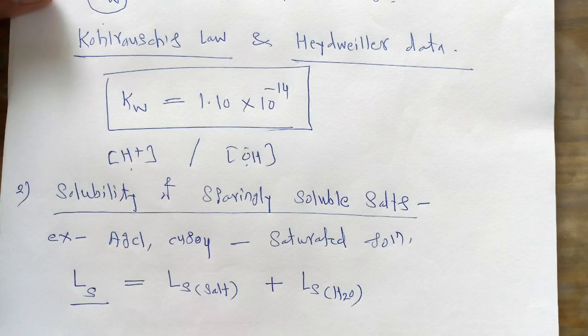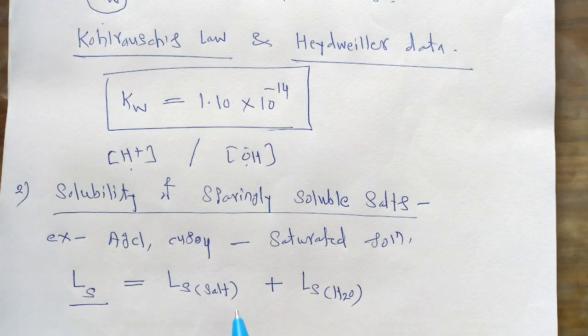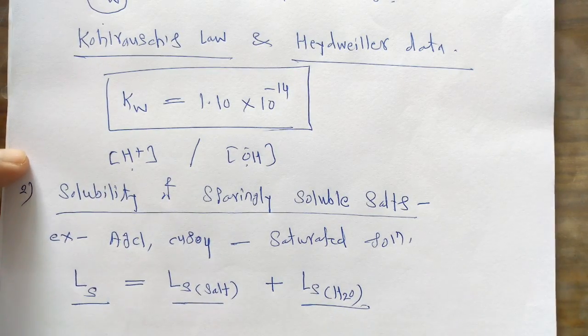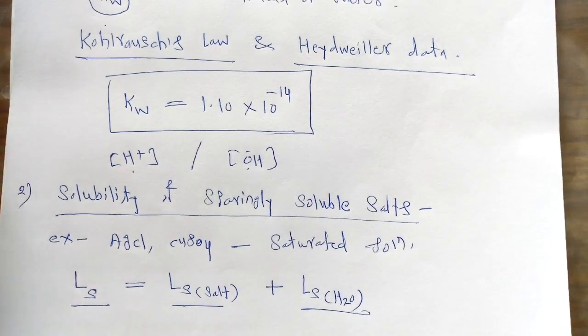It is to be calculated with the help of the specific conductance of the salt. The salt has some specific conductance, so we have to take into consideration the specific conductance of the salt as well as the specific conductance of the water. If we add these together, it is called the specific conductance of the overall saturated solution of the sparingly soluble salt.